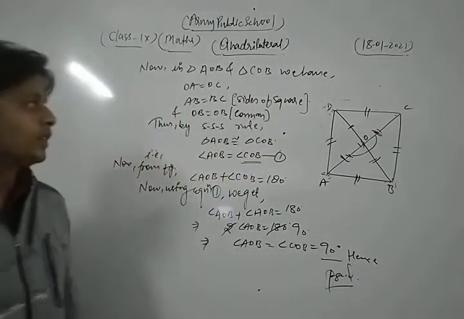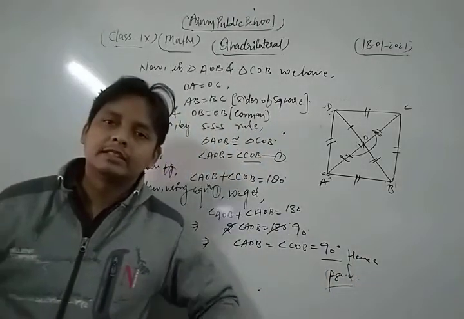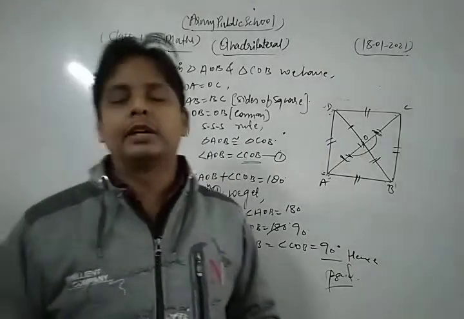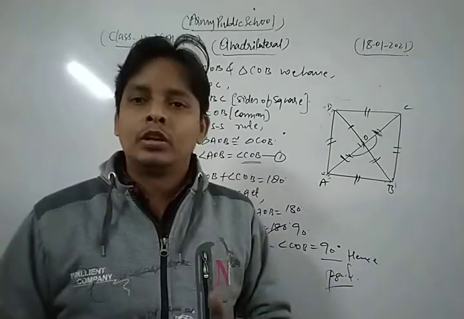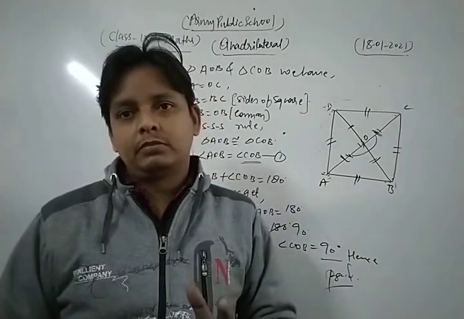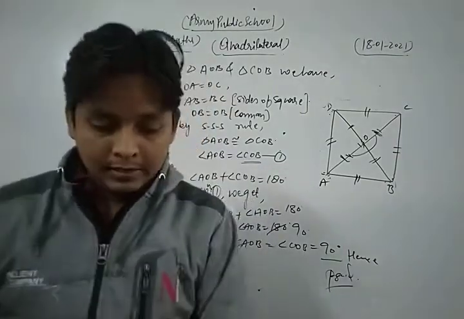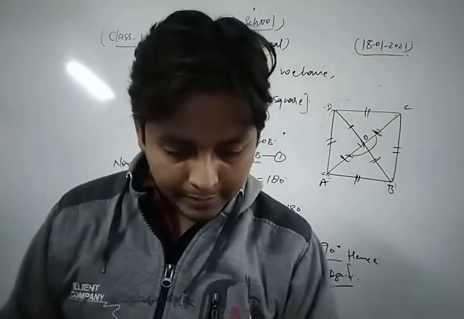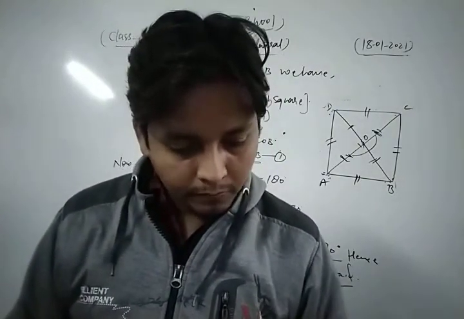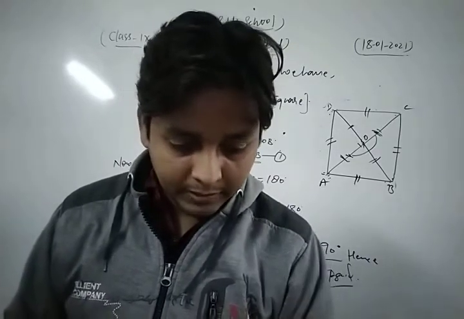Thus, dear students, in this way we can say that the diagonals bisect each other at right angles. This is one of the most important theorems or questions of your syllabus, so please do more and more practice of that type of question.